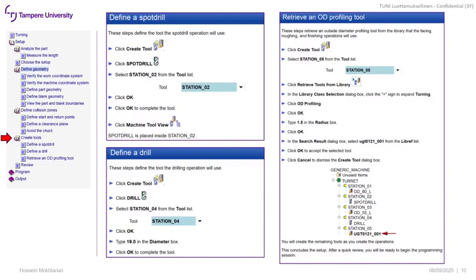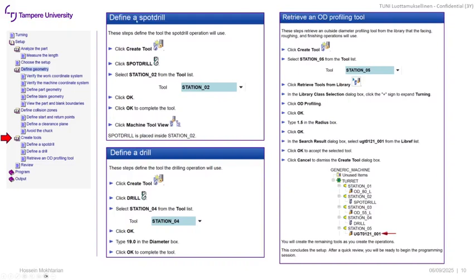And maybe one approach that I would prefer is that I will assign the internal tools, as you can see here, like drills or internal roughing tools, to the even numbers, and then the outside diameter, so the external tools, to the odd stations of the turret.